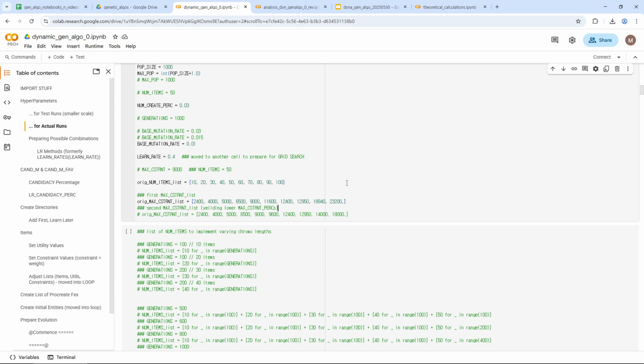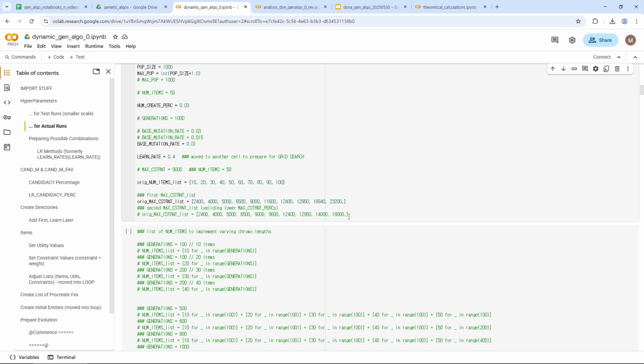I did this so that the max constraint percentage, when compared to the total constraint, is higher for the first list and lower for the second list.